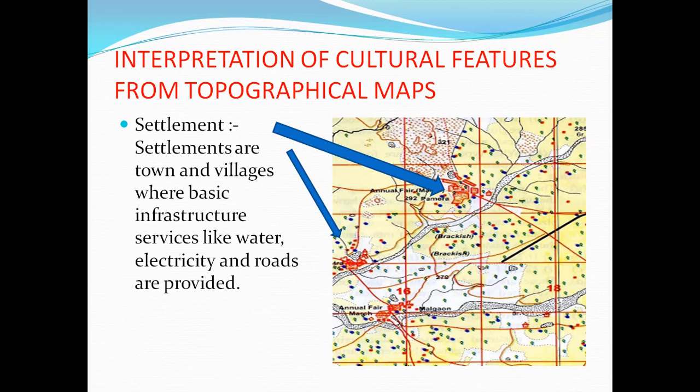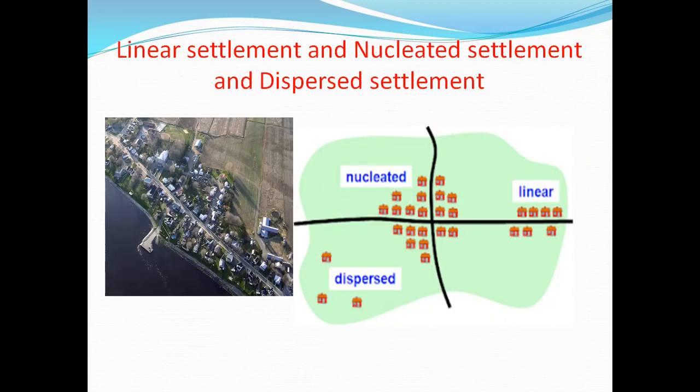And it is worth telling you that site means the land on which a settlement or village is built. Settlements are of four types. One is linear settlement, nucleated settlement, dispersed settlement and the last one, radial settlement. Let us have a look into linear settlement.